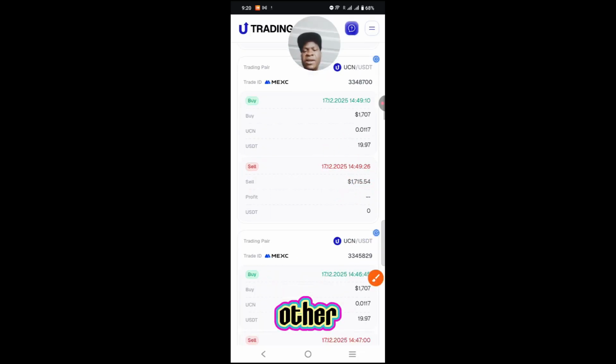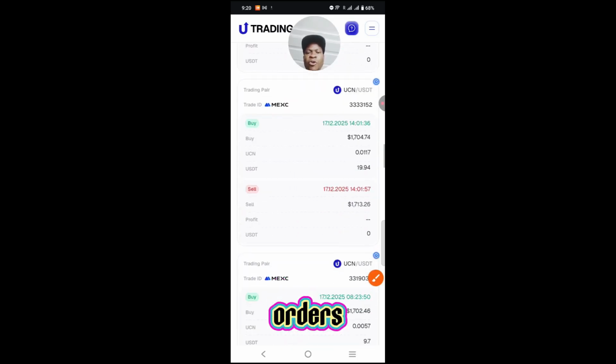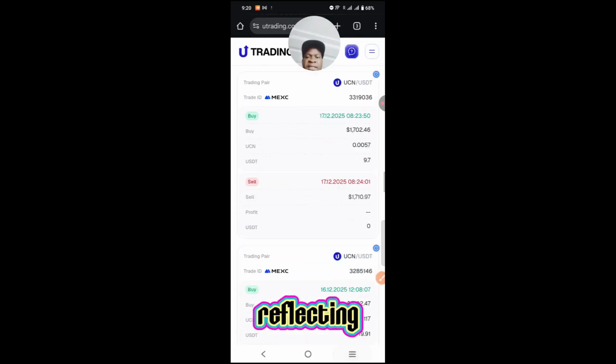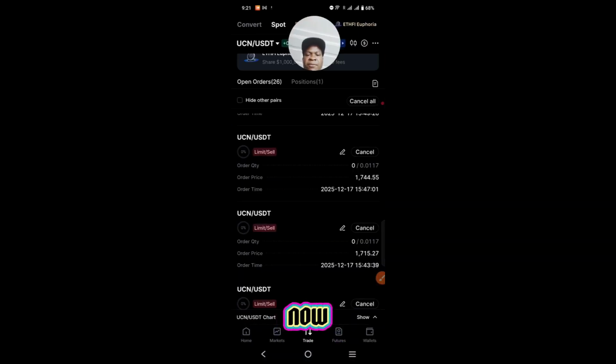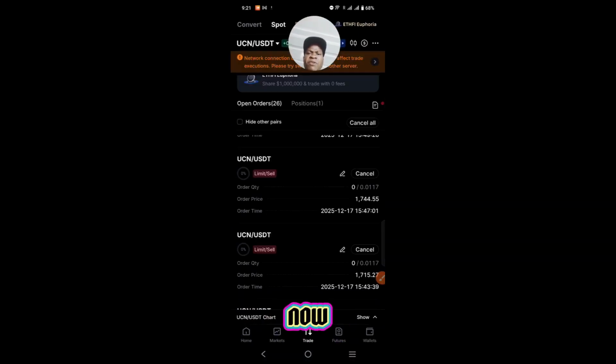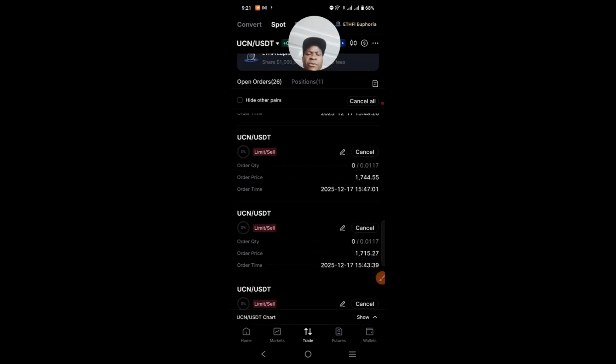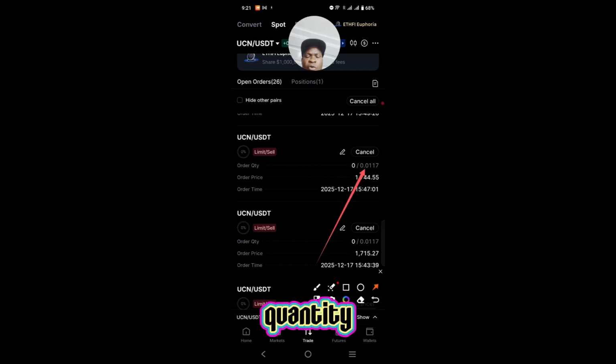So with every other trade, these are all open orders, and that is what is reflecting on this exchange right now, right? So now let's assume you want some money. The robot made about $100 profit, $113, and you want some money out of it. Now this one, for example, if you look here, you would see 0.0117, right? That is the order quantity, the amount of UCN the robot bought.